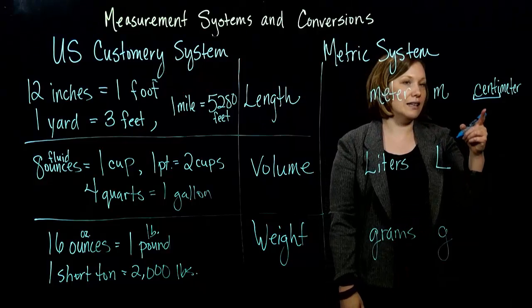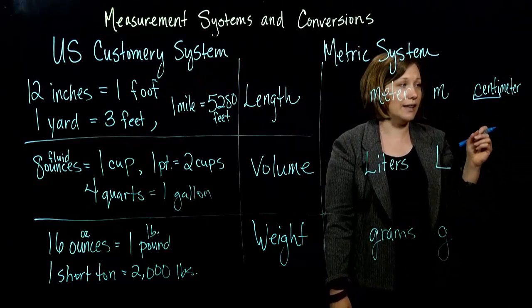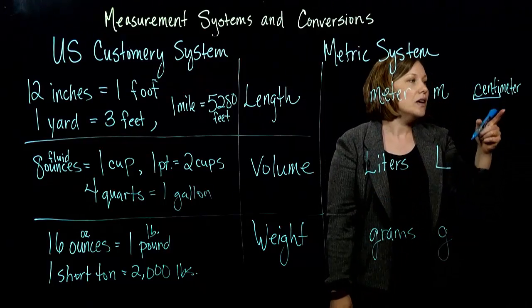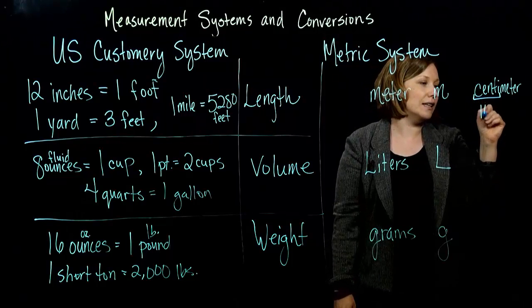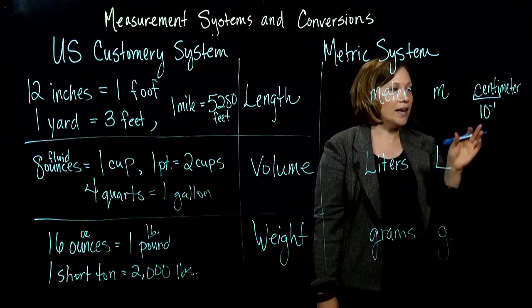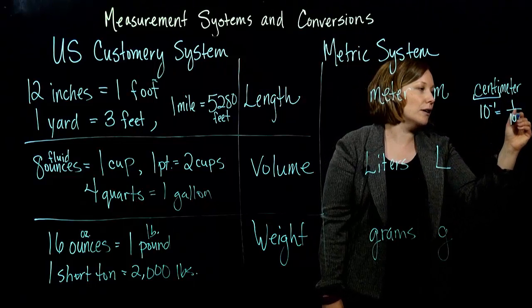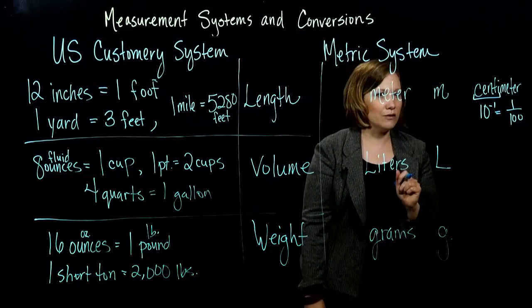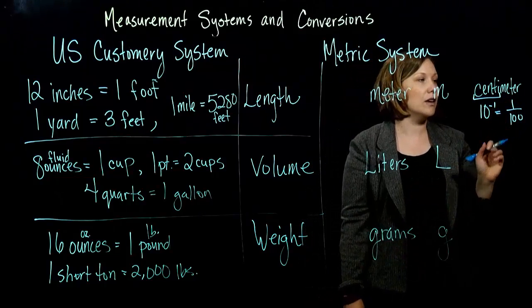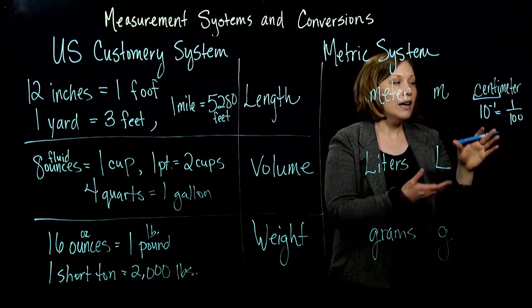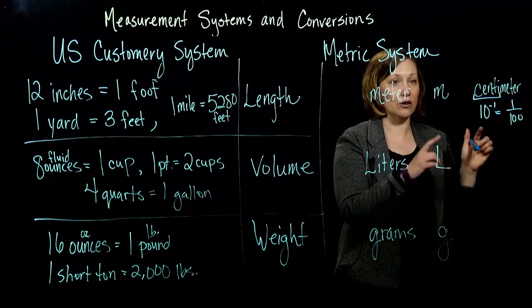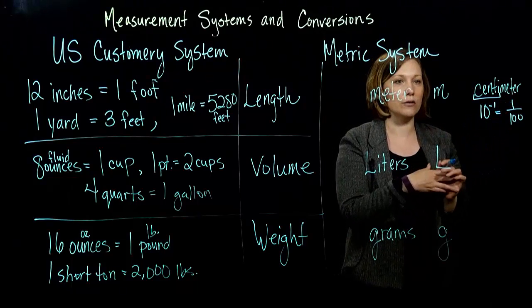So centi represents 100 in Latin. So the prefix centi matches up to 10 to the minus 2, which, if you remember your negative exponents from the last chapter, is 1/100th. So a centimeter is 1/100th of a meter. So 1 centimeter would be 1/100th of a meter.